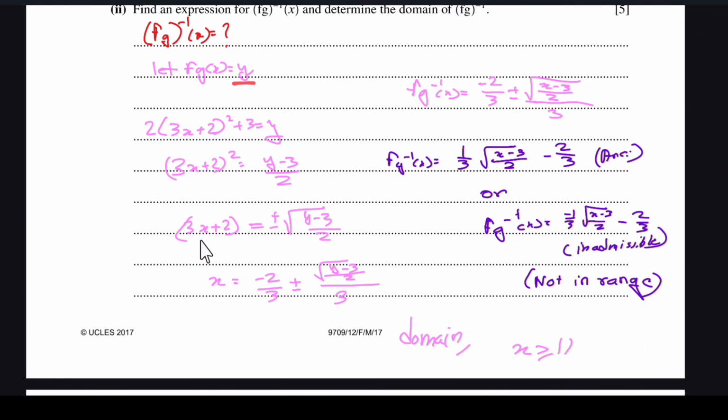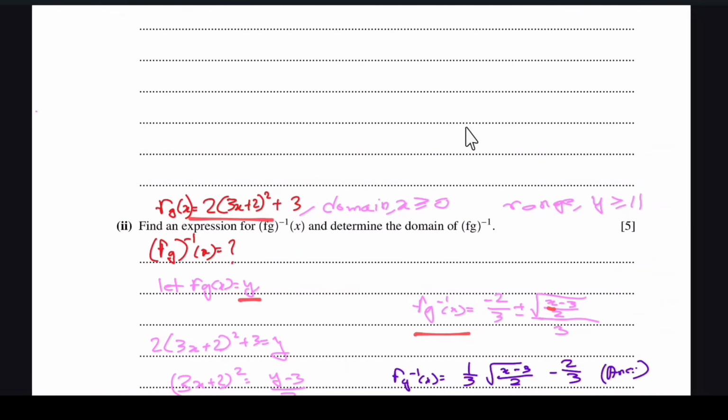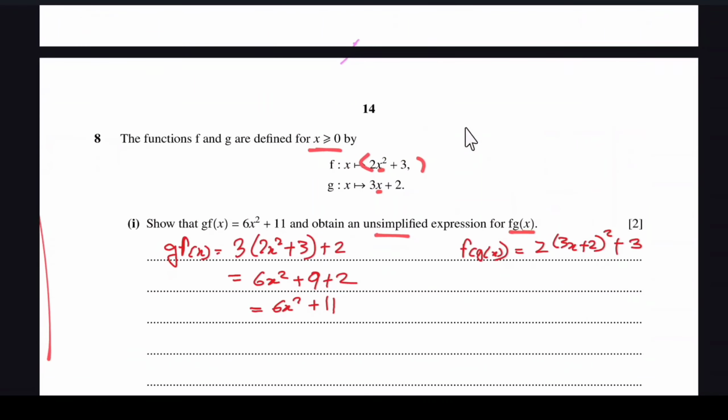After making x the subject, we replace x with fg inverse of x and we replace y by x. After replacement, we get our expression for fg inverse of x.